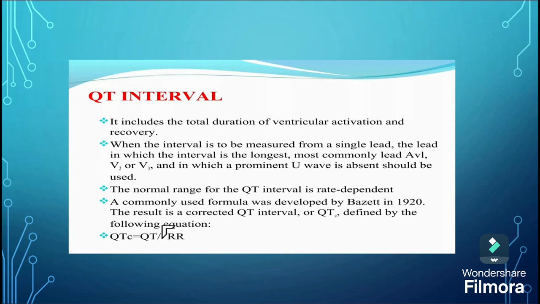Sometimes in competitive exams they ask how you will calculate the corrected QT interval. So corrected QT interval is QTc. It is calculated by the QT interval divided by the RR interval. That is corrected QT interval.